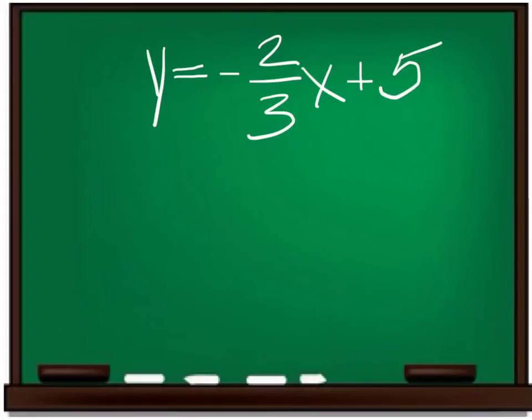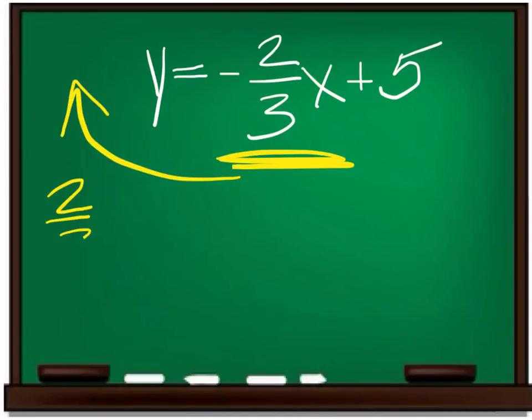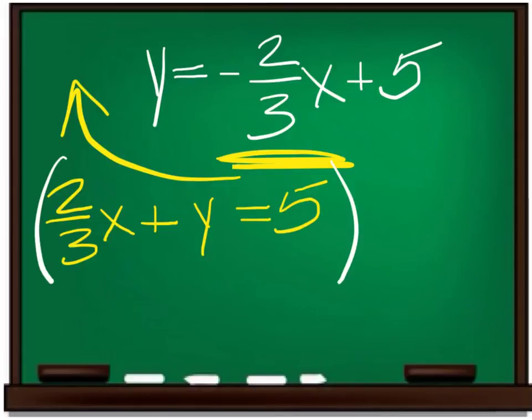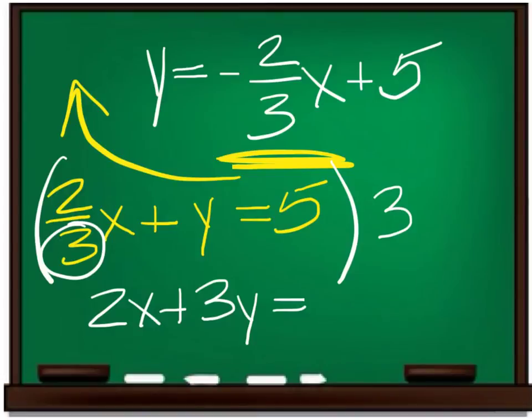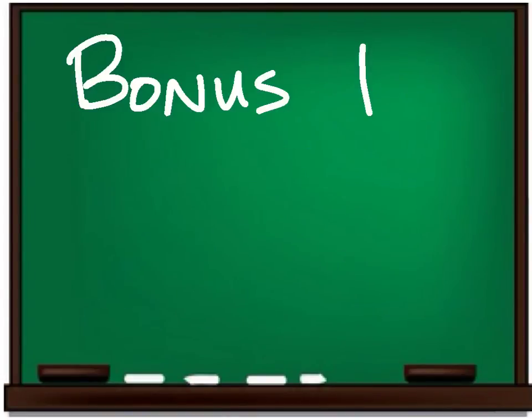On the practice problem, you have to move this over to the left and make it 2/3 x plus y equals 5. And then multiply everything by 3 because that's what that number is there. You're left with 2x plus 3y equals 15.